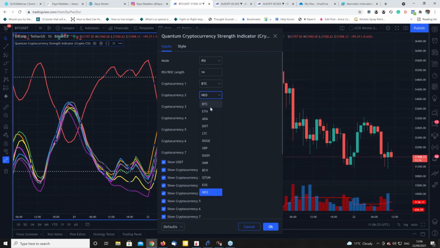I think the maximum, I'd have to check with our developers, but I'm pretty sure the maximum is the 7 or 8 you've got here, the 7 and the tether, which is the red. But you can then add any of these on. So if you want to switch out, or one that we've got on here as the default is not there but is here, then you simply switch them over. It's as simple as that.